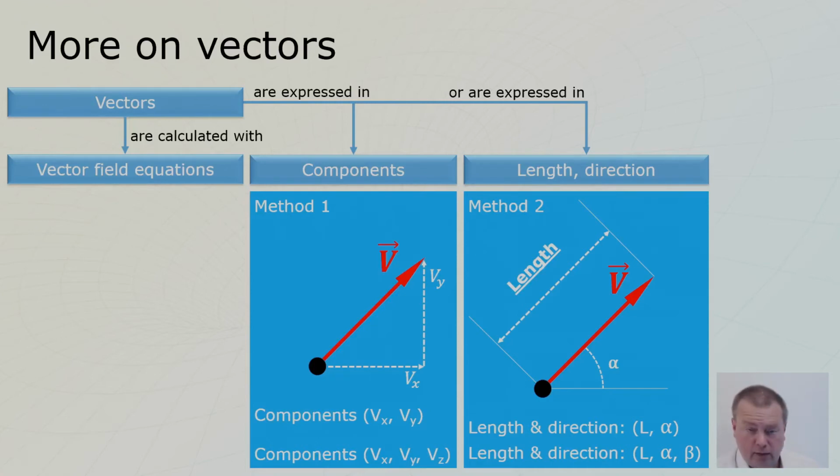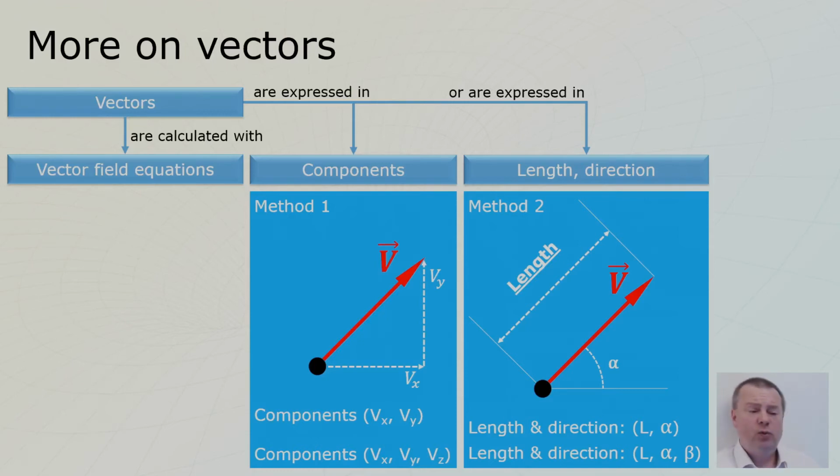First you go to the black dot, remember, a location, and then you draw the vector using alpha and length. In a three-dimensional world, usually we have two angles and one length or something else. It's not really important, it's just important that there are different methods of describing a vector. And on Einstein's mountain, we will use method 1 most of the time.